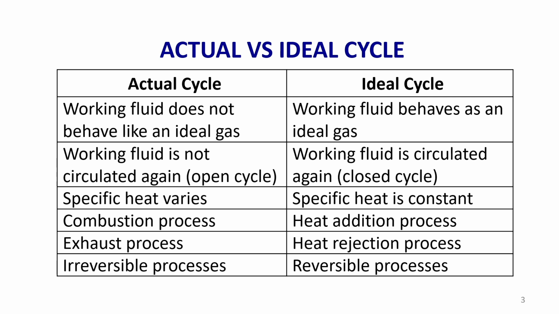The second difference is that the working fluid is not circulated in the open cycle. If you take the conventional spark ignition engine, that is a petrol engine, during the suction stroke the air-fuel mixture is admitted inside the cylinder. In the fourth stroke, that is the exhaust stroke, at the end of the third stroke, the power stroke, the exhaust gases are discharged from the cylinder to the atmosphere through the exhaust valve.